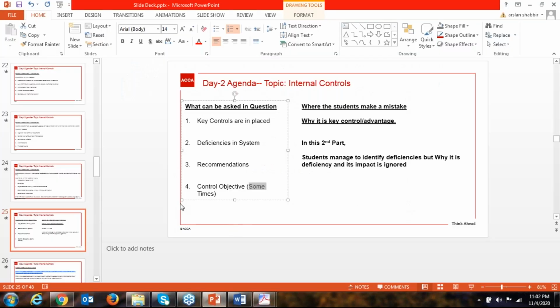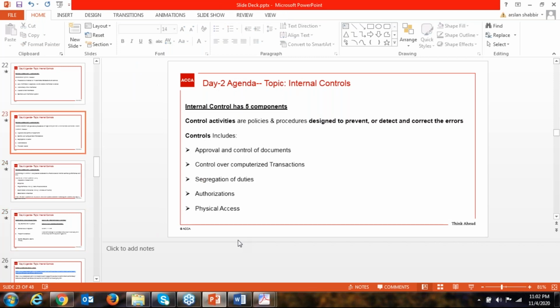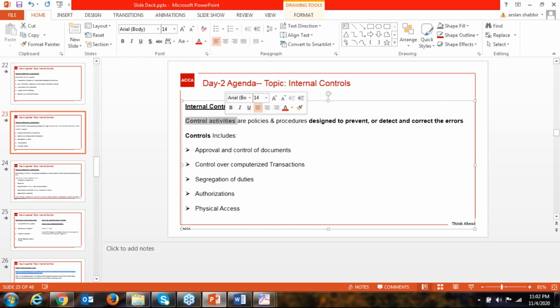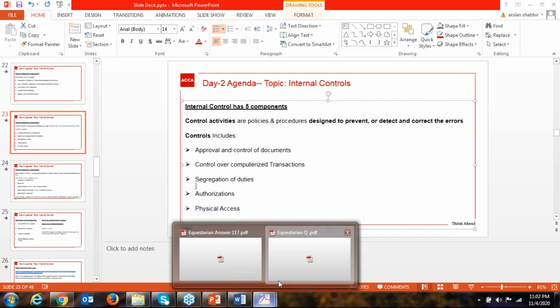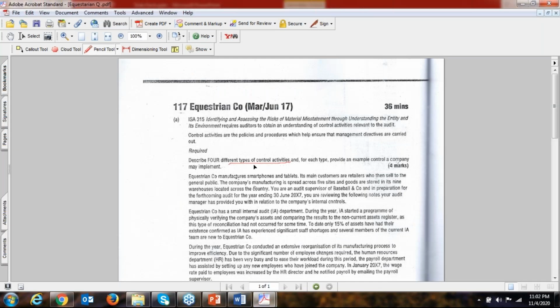So, what are our control activities? Yes, these are the control activities: segregation of duties, authorizations, physical access. Now, what does the examiner expect from your side? Describe four different types of control activities, and for each type, provide an example control a company may implement.